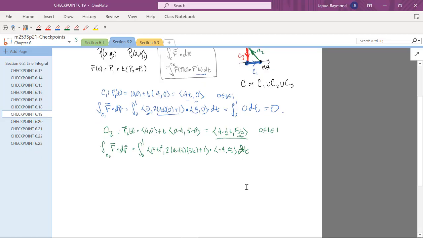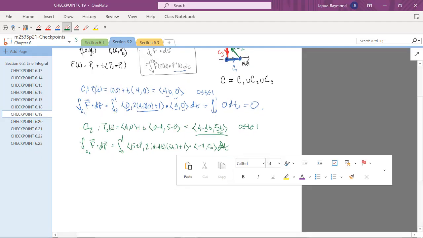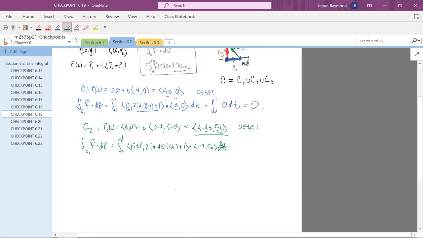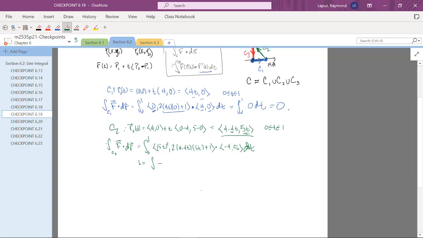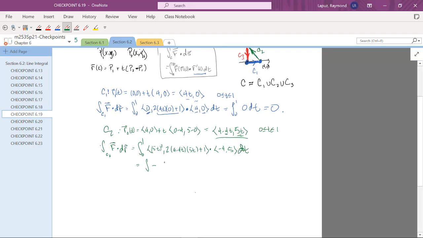All right, it looks like we're going to have something to compute here. This is going to be 25t squared times negative 4, so the integral is going to be negative 100 t squared, plus, and then we have 5 times 2.